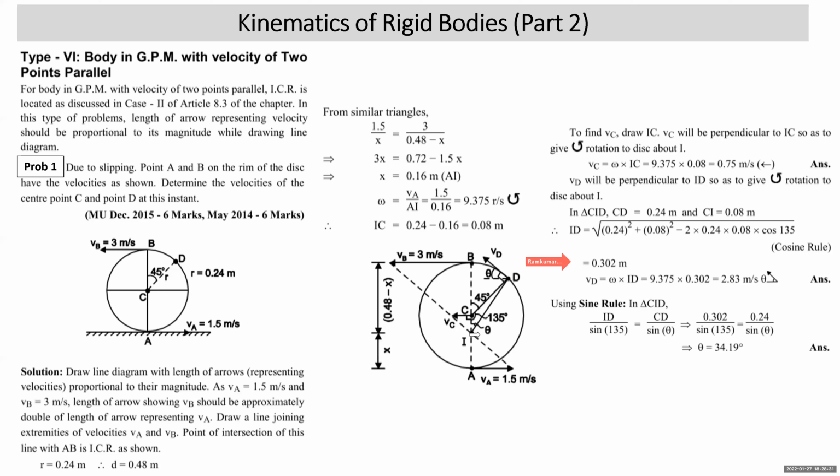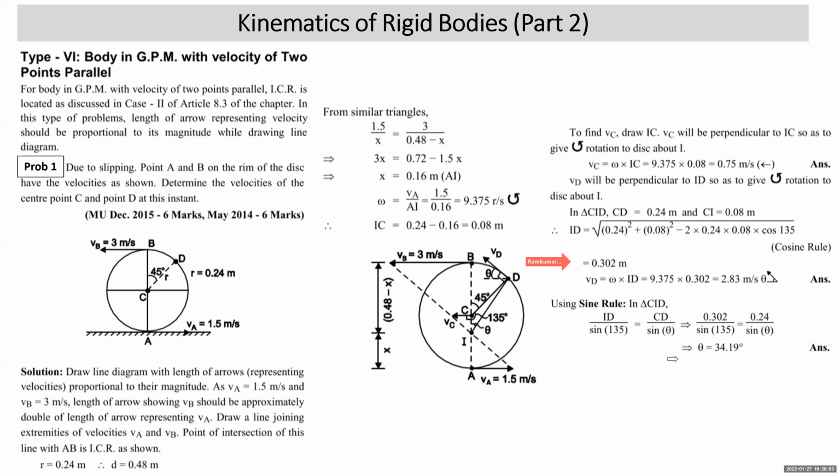To find the angle theta, what DI is making with vertical, you have to use again sine rule in the same triangle CID. Now, ID upon sine 135, CD upon sine theta. ID is already known to you, that is 0.302, right? CD length is radius, that is 0.24.